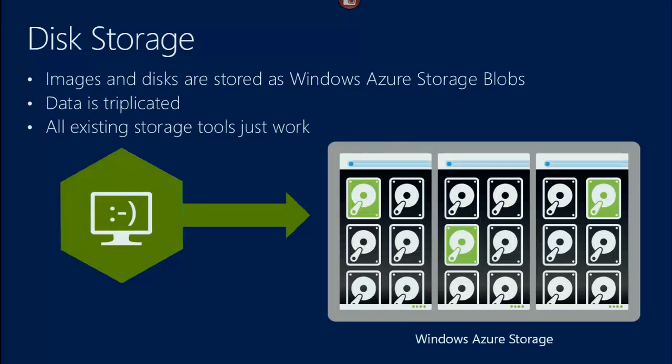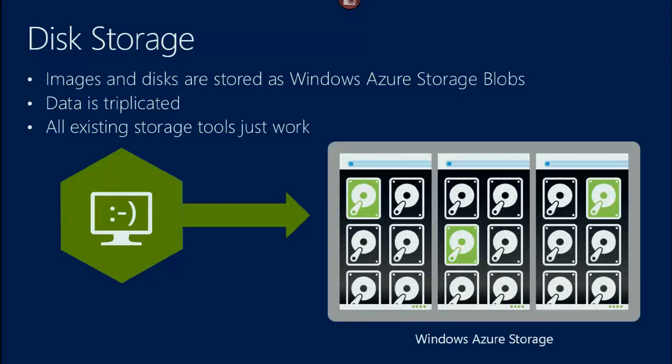And here's an example of what we get out of leveraging Windows Azure Storage: the durability. When you write to a blob, it gets triplicated on the back end to 3 different servers. So this can tolerate multiple failures without you losing data. And there's asynchronous georeplication as well that occurs.